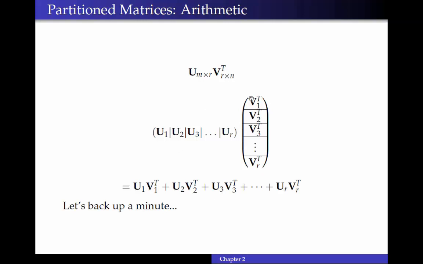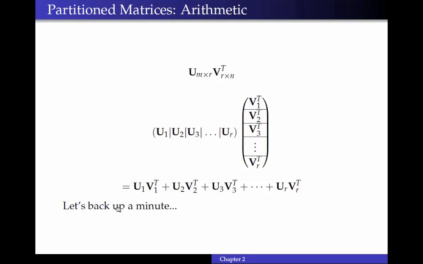So U1 times V1 transpose plus U2 times V2 transpose, and so forth, up to this final element, UR times VR transpose. So this is kind of like an inner product of partition matrices, right? Just one row times one column, and then what I end up with is a sum.